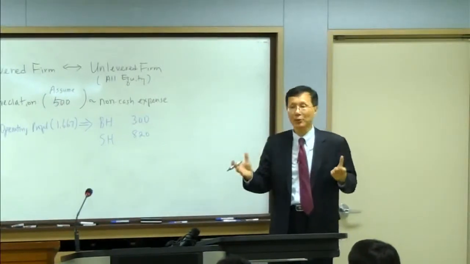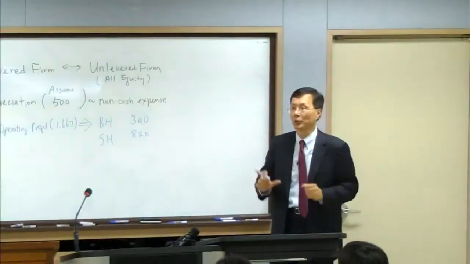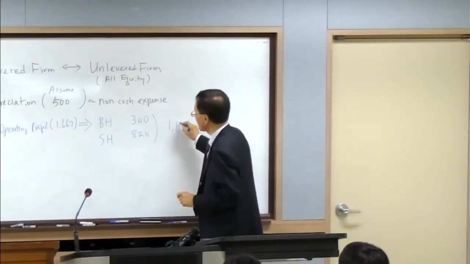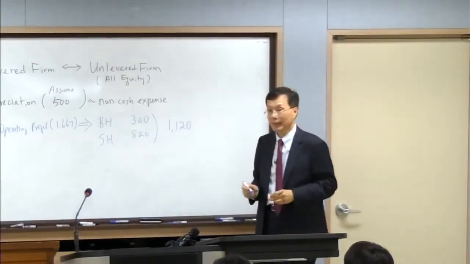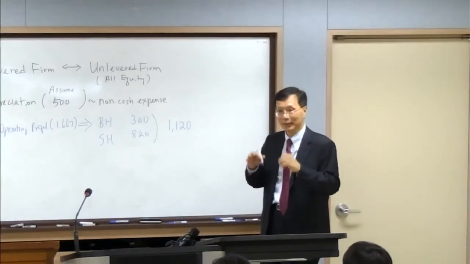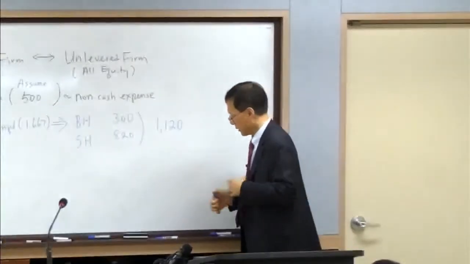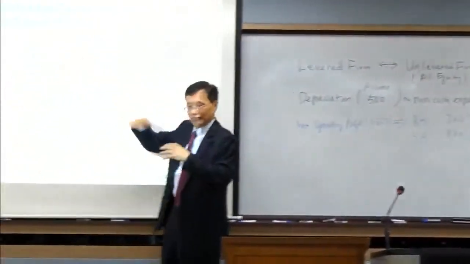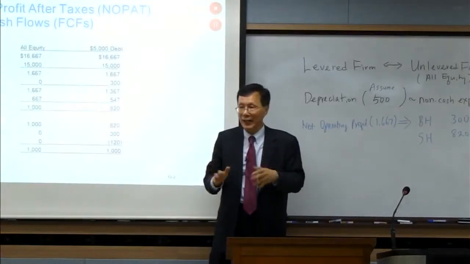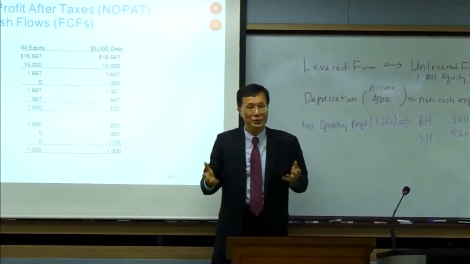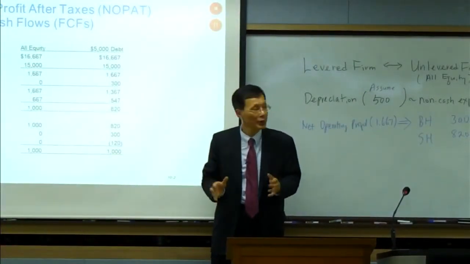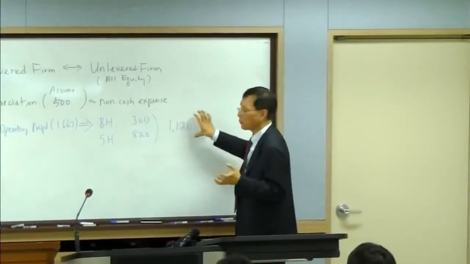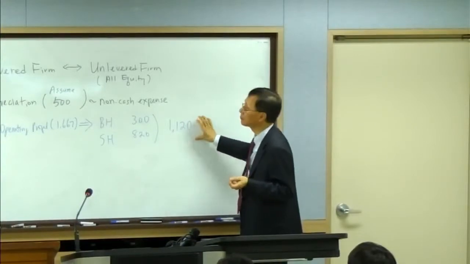And shareholders and bondholders are all the claim holders of the company, and claim holders of the company get 1,120. Okay, are you with me so far? This is an example, a hypothetical firm that uses debt in the capital structure, and the total claim holders' total claim will be 1,120.